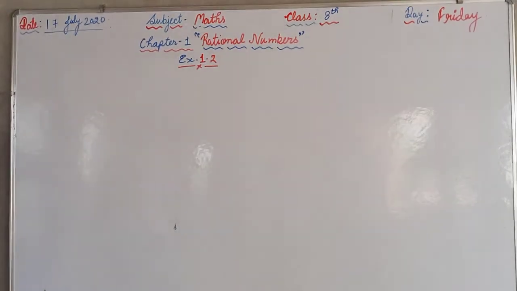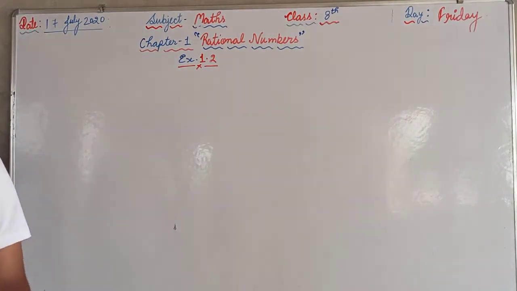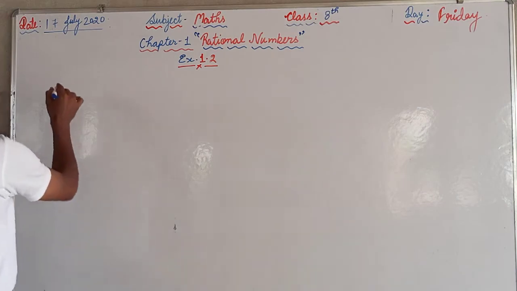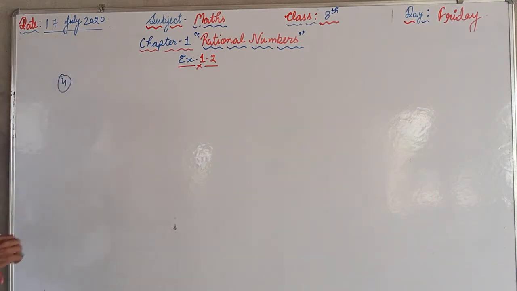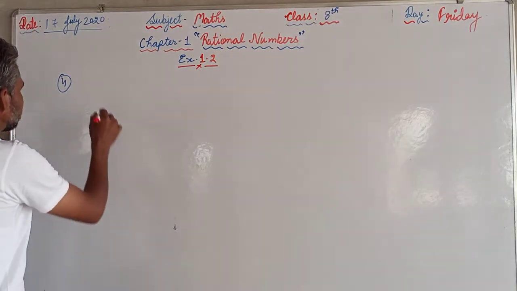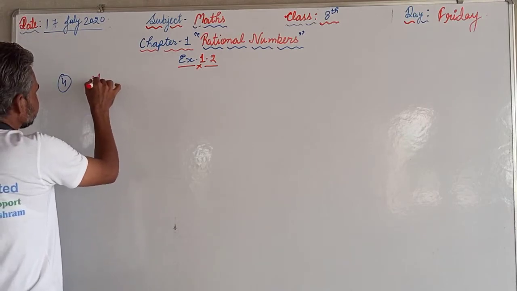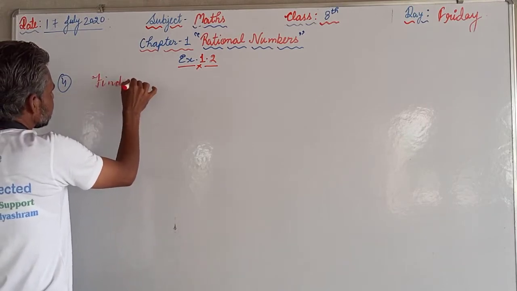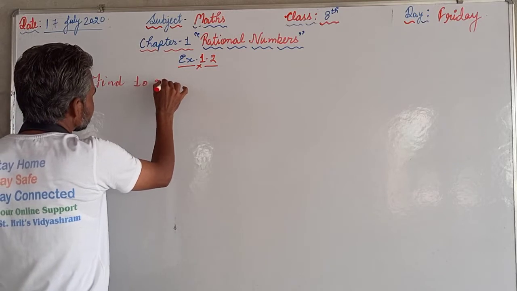So as we have completed exercise 1.1 and we have started exercise 1.2, and we have completed the questions up to question number 3. So we will start question number 4, in which we have to find 10 rational numbers between -2 upon 5 and 1 upon 2.